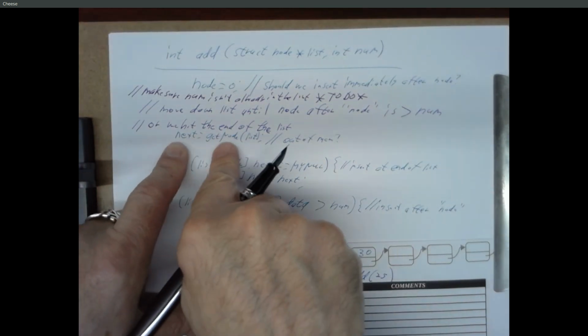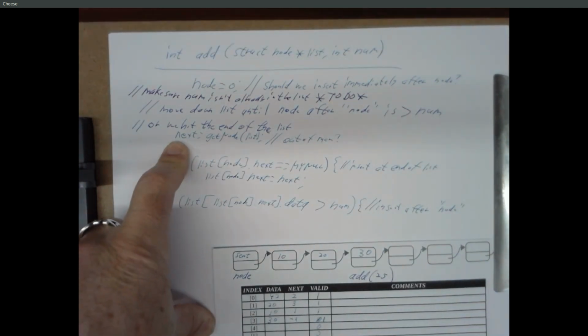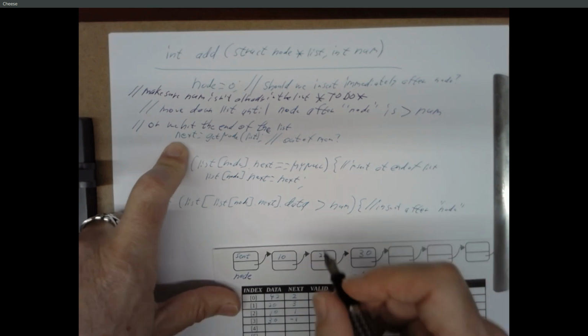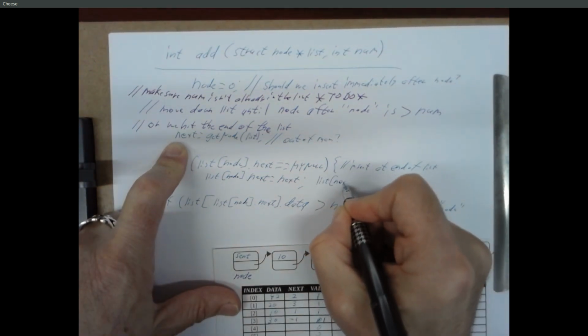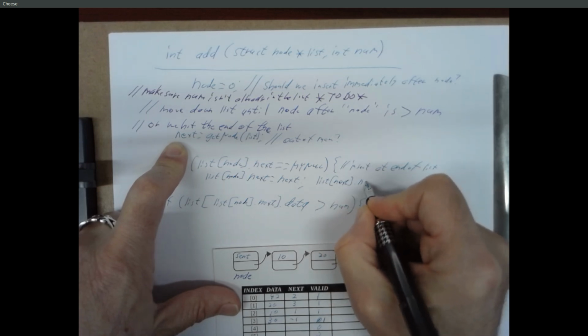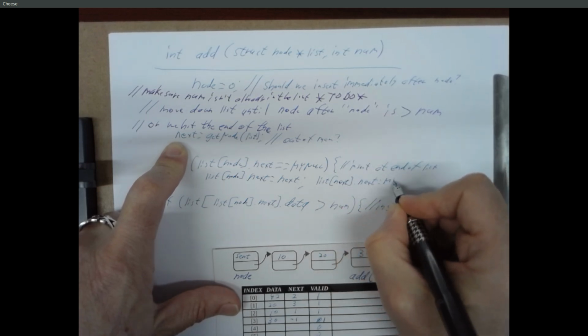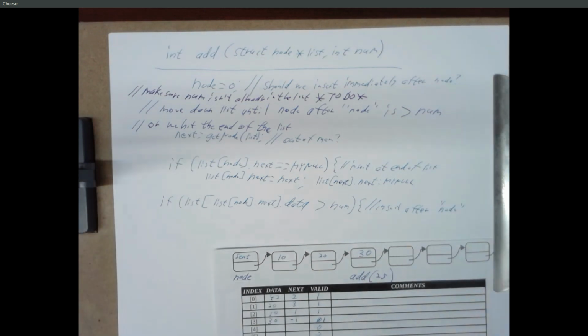Set it equal to the index of this new node, right? And then set this new node's next field to be equal to my_null because it's the new end of the list.